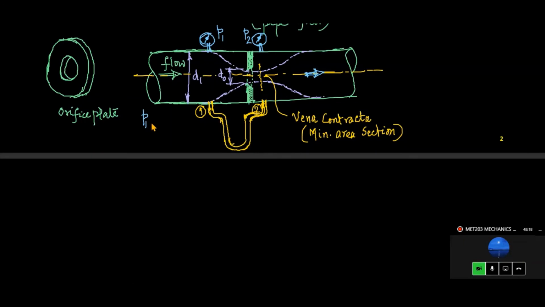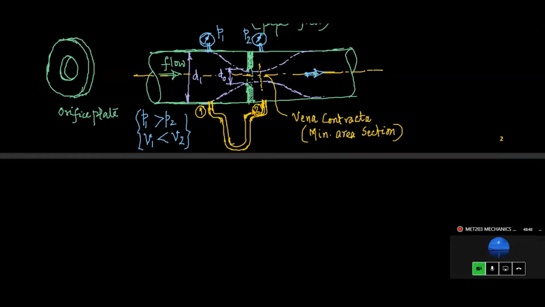Section inlet to the orifice is P1, section 1, and outlet of the orifice after passing through is section 2. So P1 is greater than P2, but obviously velocity V1 will be less than V2 by Bernoulli's theorem, because when pressure energy increases, the kinetic energy has to drop, as the total energy is constant. So we know that.